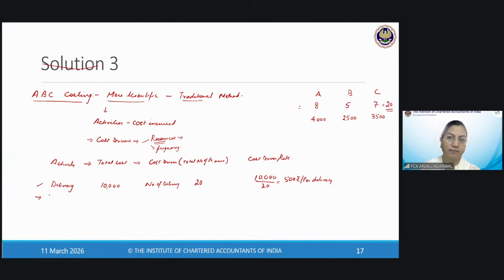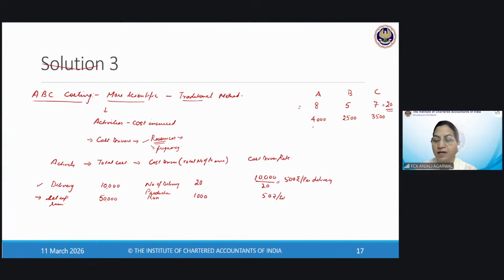So if you have produced A, B, C in a machine and the activity is production setup run, and the total cost of setting up the machine was 50,000, the cost driver is production run, and setup was done 1,000 times. So the cost would be 50 rupees per setup.